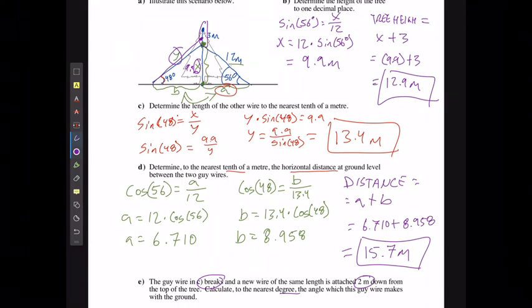then what's happened is the length of B has stayed the same and the length of X has increased by 1.